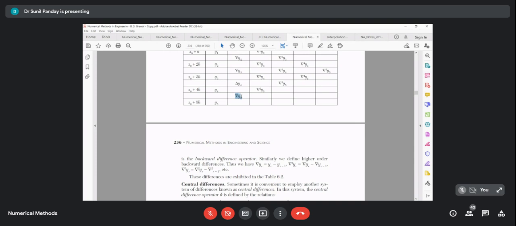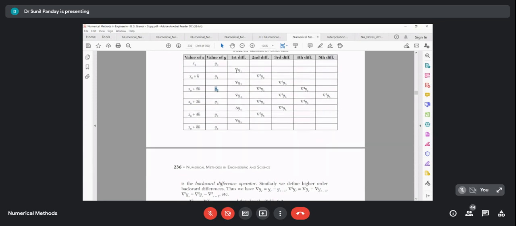Actually this is written wrong here, it is nabla, this book also has it wrong. So nabla of y4 is equal to, if you substitute 4 in place of r, y4 minus y3. So this minus this. Nabla of y3 is y3 minus y2. Nabla of y1 is y1 minus y0.